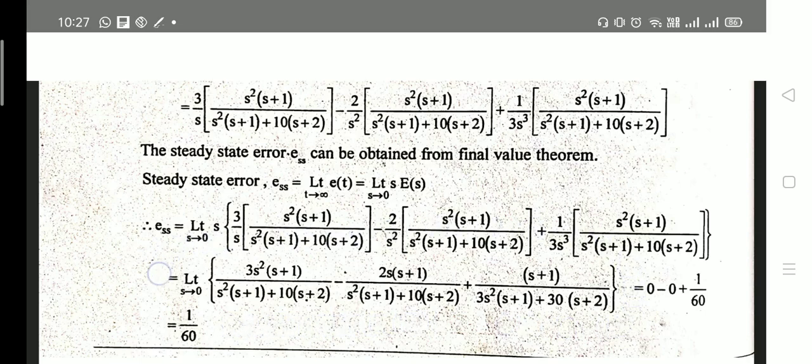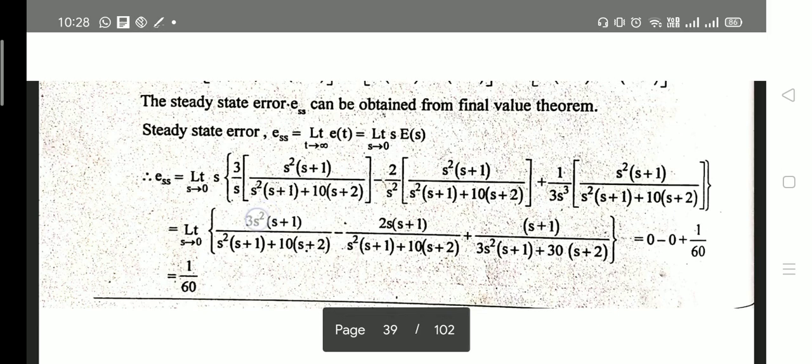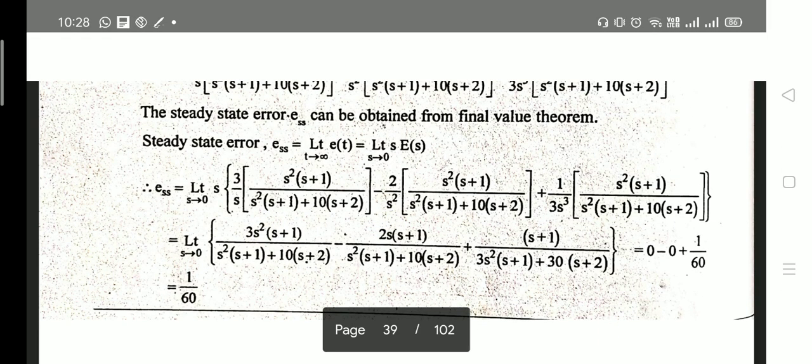The s² terms are both cancelled; substituting s tends to 0, we will get 0 here and this one also 0, and in place of s I am substituting 0 here as well, then we will get 1 by 60.